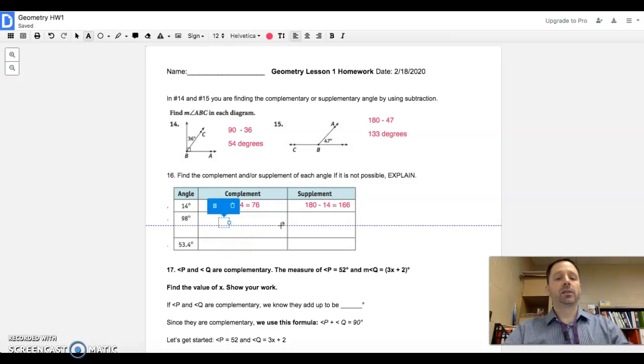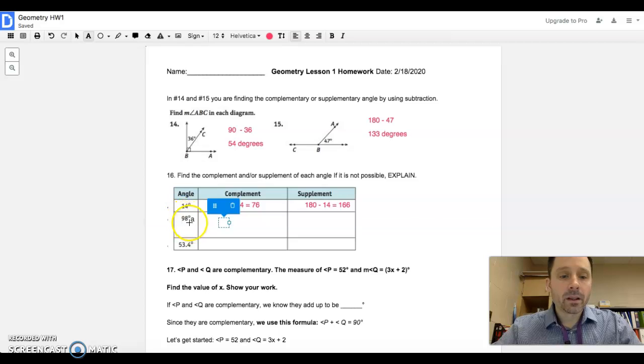All right, this is an interesting one. If the number is greater than 90, it cannot have a complement because basically you'd be taking 90 and subtracting 98, which we know is -8. So that does not work.